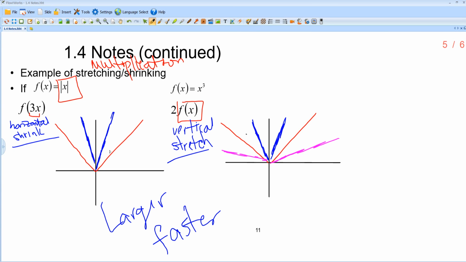That's the same as a horizontal stretch, because what I'm saying is I'm pulling this and I'm pulling this to the left and right. So this is an example of vertical shrink or horizontal stretch, if you want to label that, just so that you don't look back at it and be like, what just happened there?